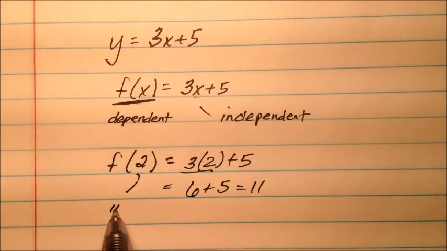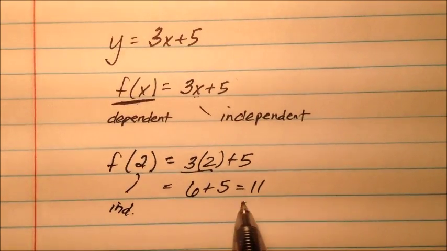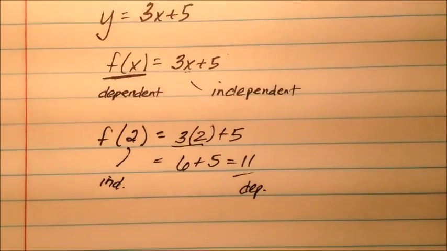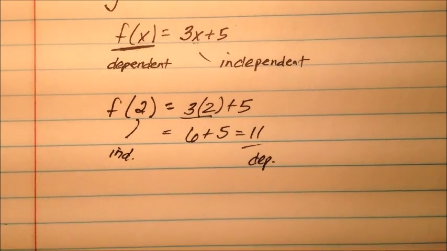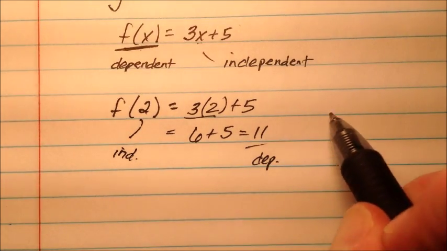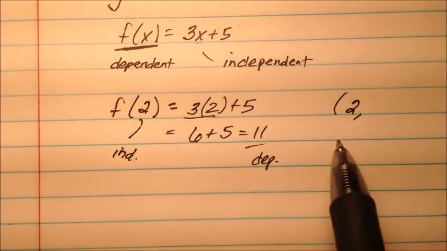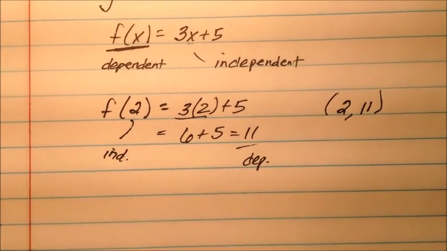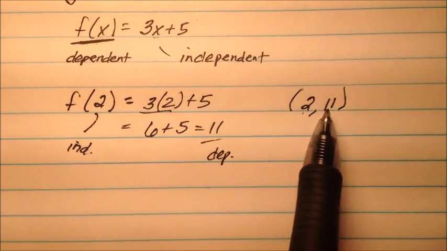So 2 was my independent variable, and 11 is my dependent variable, or my actual value that I got once I substituted that independent variable in. So as far as an ordered pair, we plugged in 2, my independent variable, for x, and I got 11 out. So my ordered pair is (2, 11).